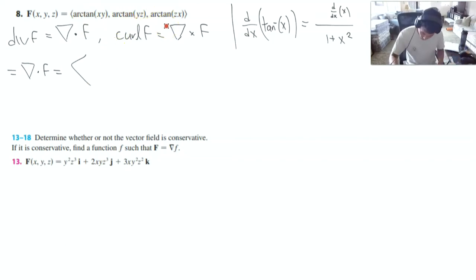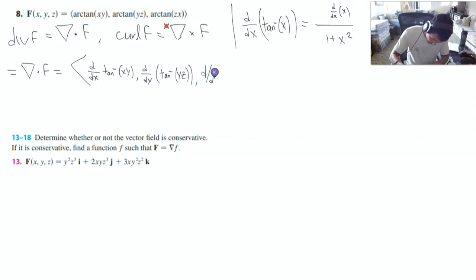So it's going to be d dx tan inverse xy, d dy tan inverse of yz, and d dz of tan inverse zx.